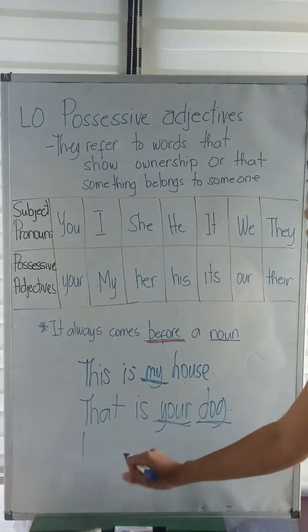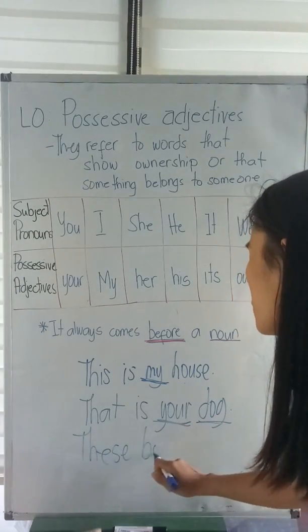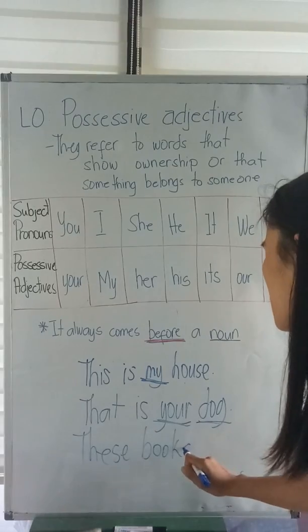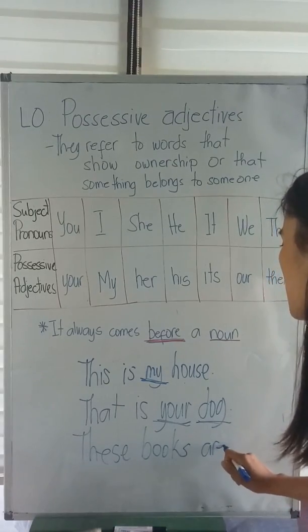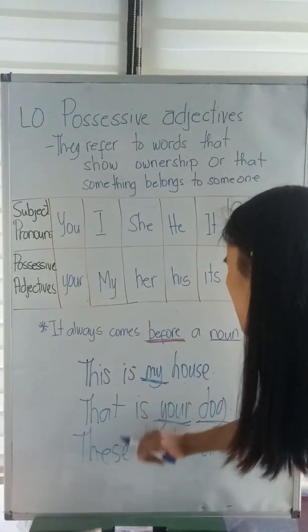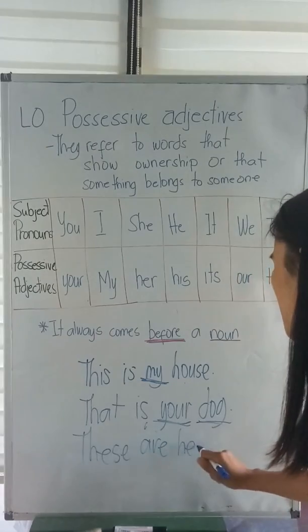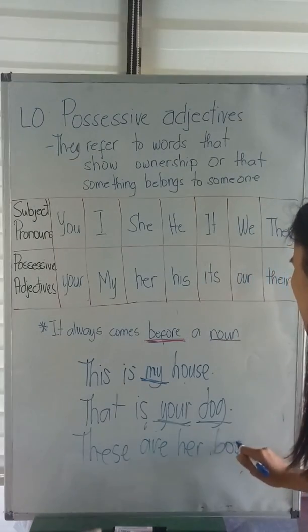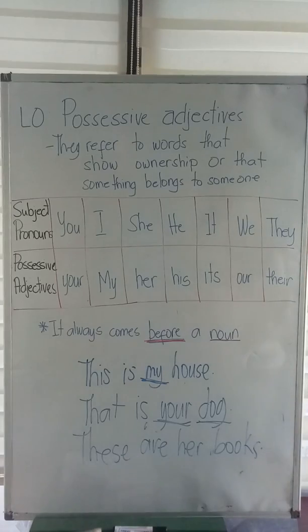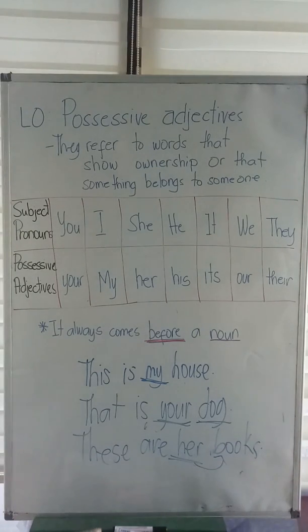Or you can say, these are her books. In this sentence, these are her books. Our possessive adjective here is her, and it comes before the noun books.